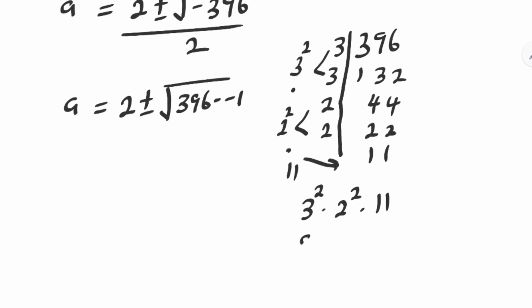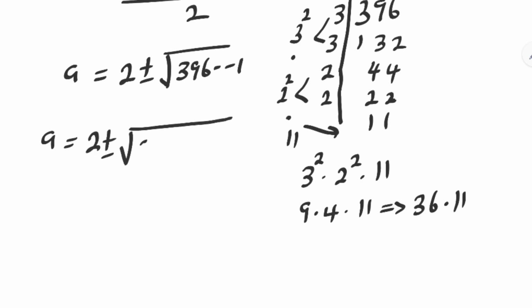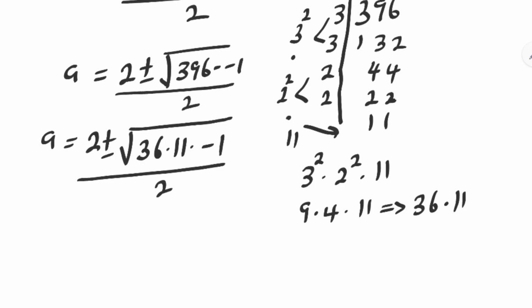This is 9 multiplied by 4 multiplied by 11, and this is the same thing as 36 multiplied by 11. Therefore, we have a is equal to 2 plus or minus square root of 36 multiplied by 11 multiplied by minus 1, over 2.